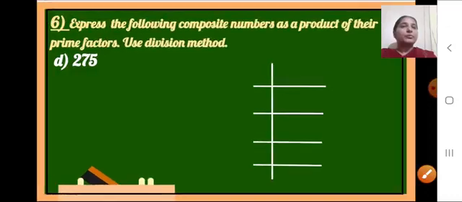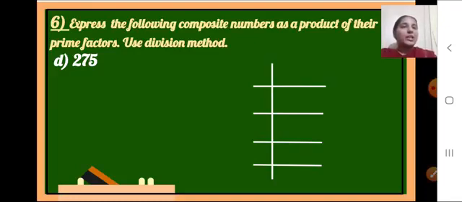Now question number D is, here we have to express 275, which is again a composite number, okay, because it will be divisible by 5. Why? Because the digit at the ones place is 5. So it will be divisible by 5.